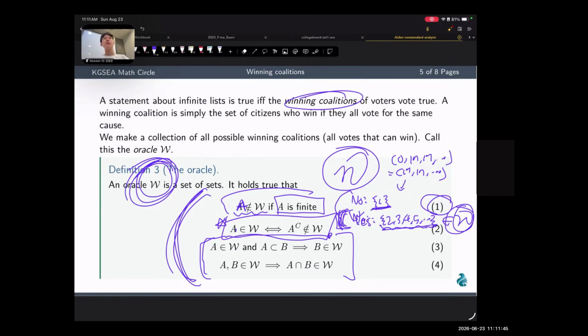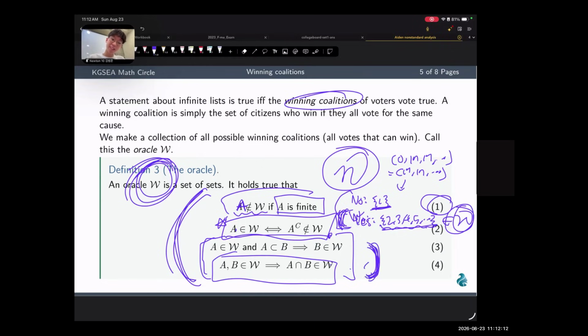What this is saying is we can't suddenly have more voters changing sides to an already winning vote and lose somehow. If something is winning, if people support it even more, they still have to win. And number 4 is also interesting. If A and B are winning coalitions, their intersection also has to be a winning coalition.